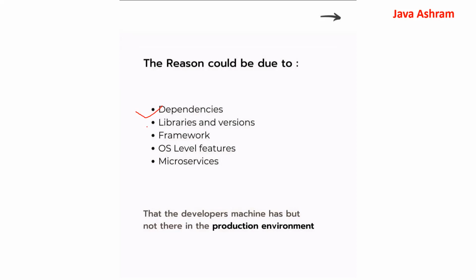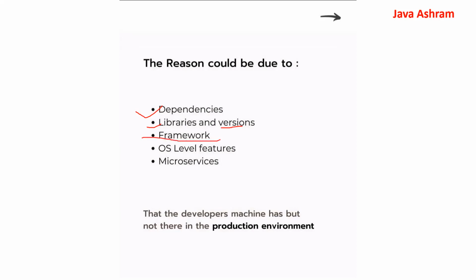It could be a library and its version. You may be using third party libraries to connect with a database or some other applications, or it could depend upon the version. Suppose in the dev environment the Oracle version was 9i, but production is a higher environment. The mismatch between versions could be one of the reasons.